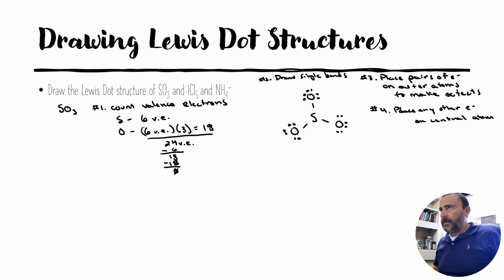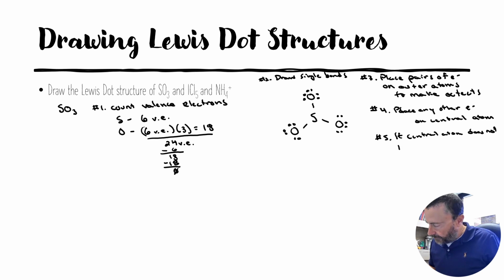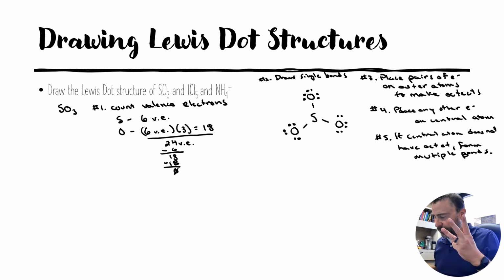Number 5: if our central atom does not have an octet, we're going to form multiple bonds. Right now our sulfur has 3 bonds to it, so it only has 6 electrons.